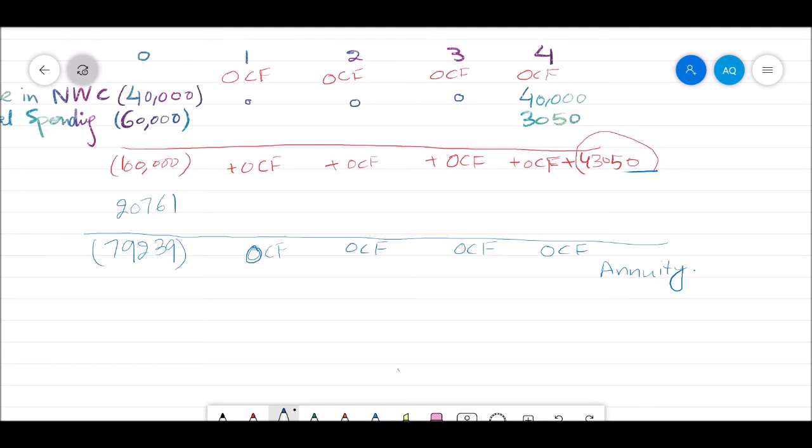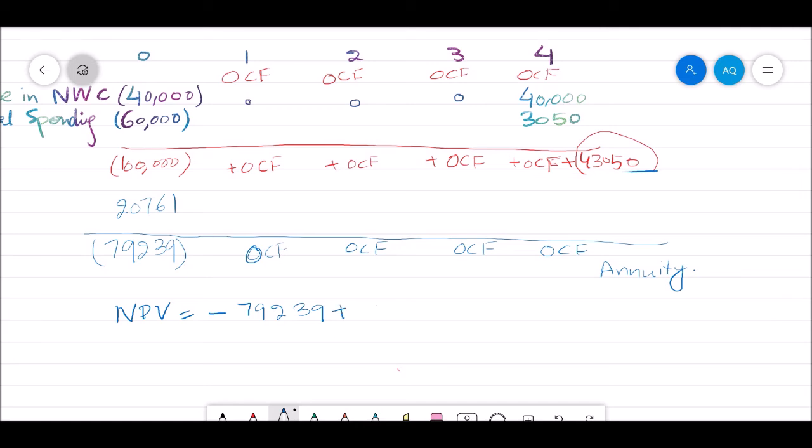So we will use a formula of annuity to solve this kind of situation. First of all, we need to calculate NPV. And what is NPV? This present value, 79,239. Then we will add it with our operating cash flow multiplied by the 4 years annuity factor. Some of you might be thinking, what is it? We used to call it the present value annuity factor for 4 years.